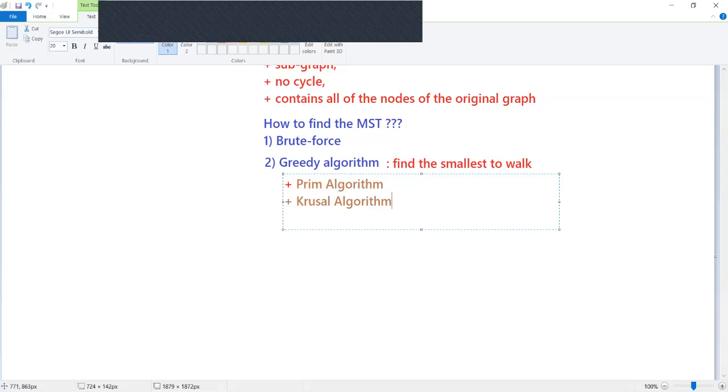You can check it if you want, but I'm using Prim because I like it. It's just my preference, but you can try Kruskal if you want. But in this video, I will only explain Prim's algorithm.